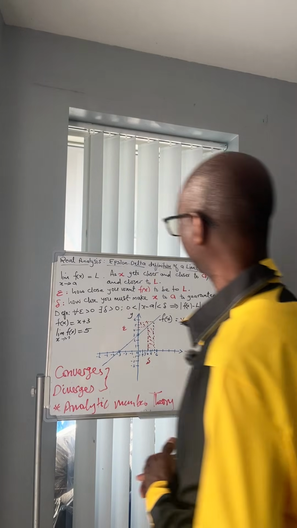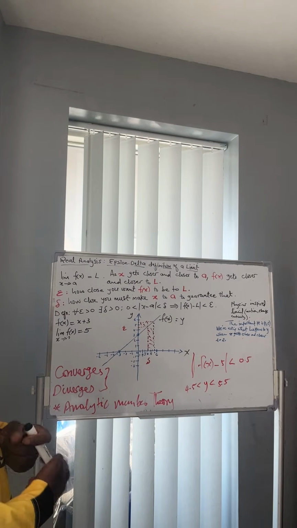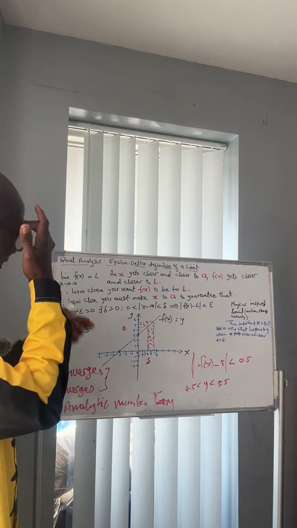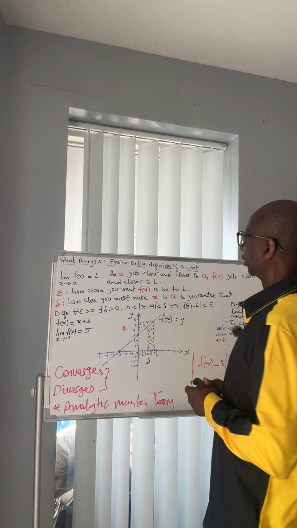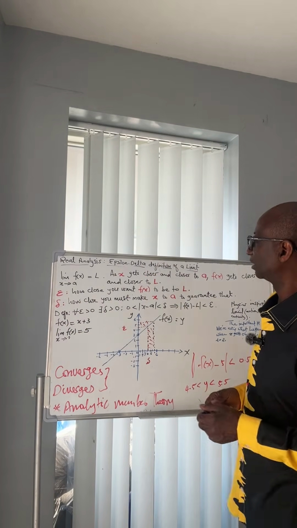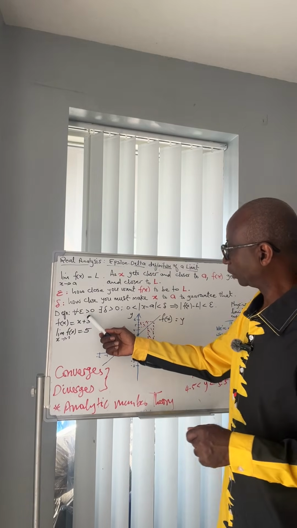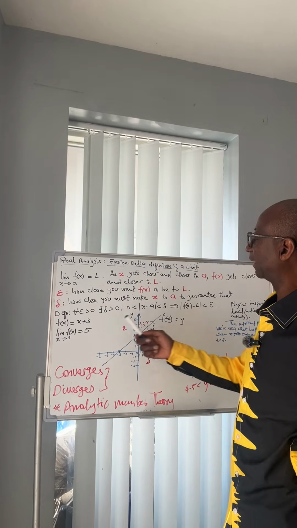So that is it. This very strange idea, there are so many ways they state this concept, but the rigorous way of saying it is: for all epsilon greater than 0, epsilon has to be positive. That is why you see it here.